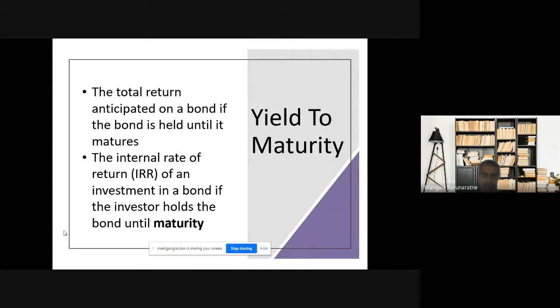The principle is the present value of the future cash flows, and you calculate it based on a yield.